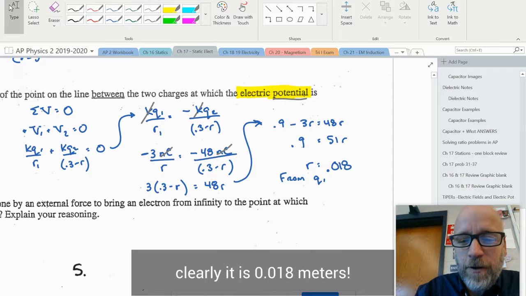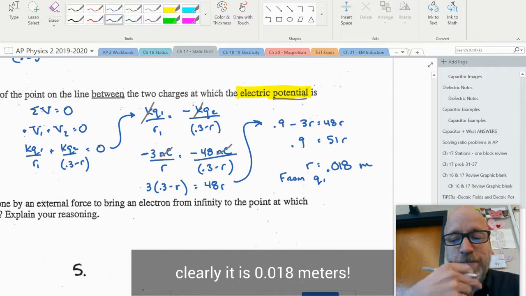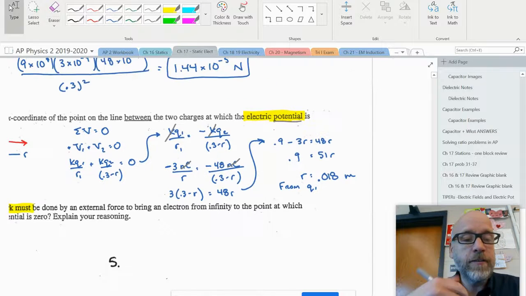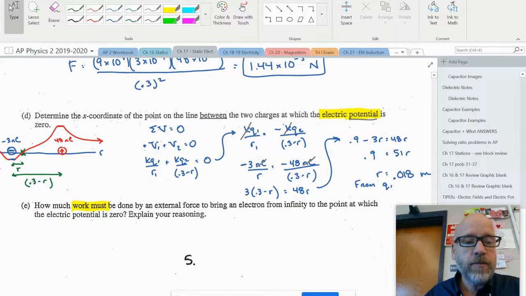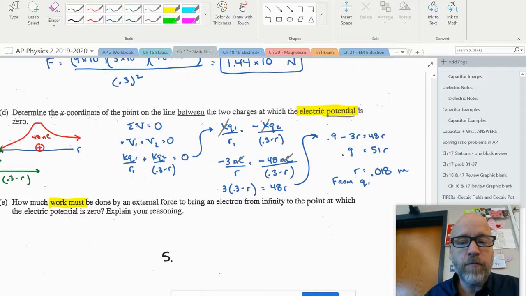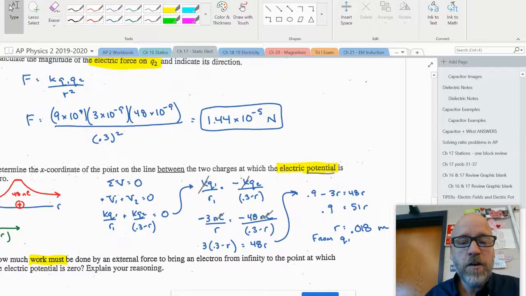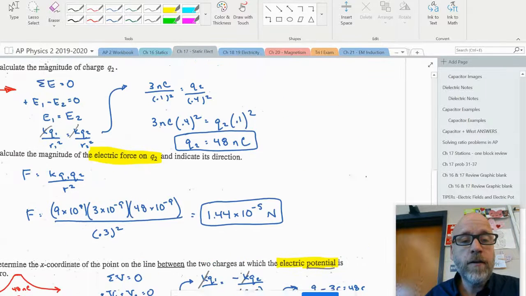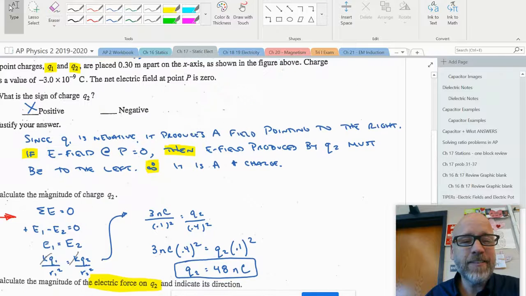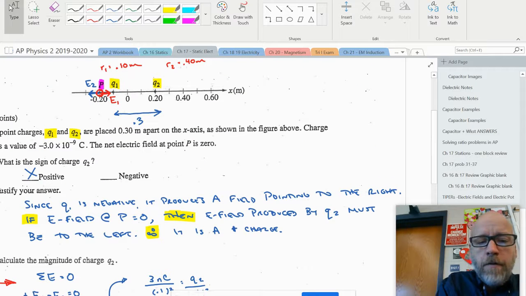I got 0.081 meters, but that's from Q1. Determine the x-coordinate of the point. Q1 is at negative 0.1.